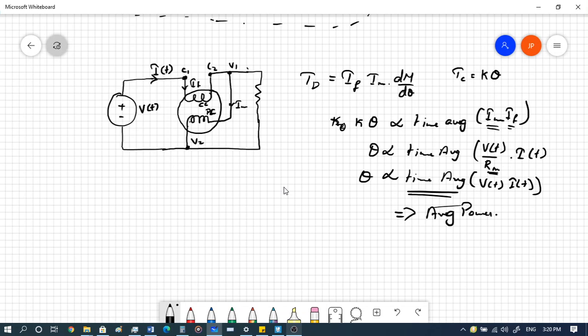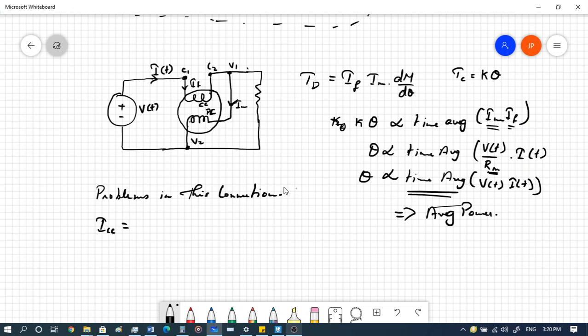Now one of the major problems that we'll face in this case, let's look at the problems in this connection. Here we can see that there is a current IM that is flowing, right? Let's call the current through the current coil ICC. ICC is the current through the current coil.